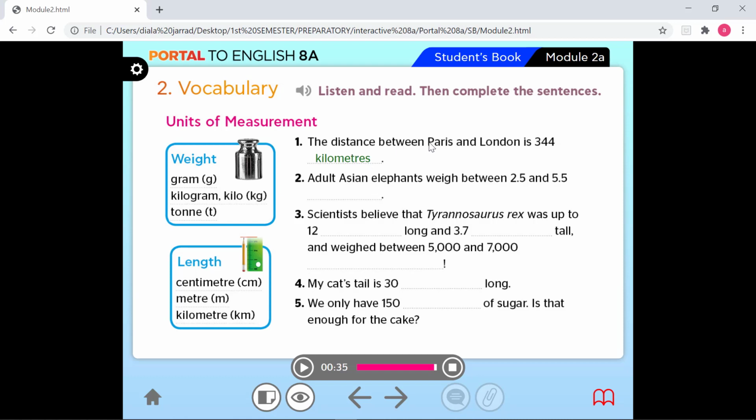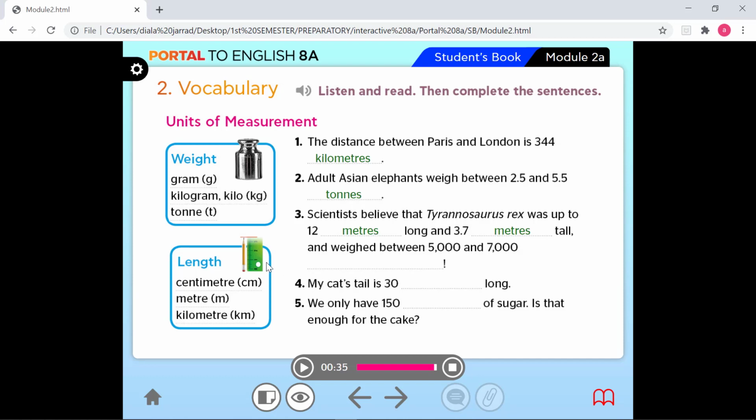وبنلاحظ الإجابة الأولى the distance between Paris and London is 344 kilometers. Adult Asian elephants weigh between 2.5 and 5.5 gram, kilogram, kilo, and ton. The answer is tons. Scientists believe that Tyrannosaurus rex was up to 12 meters long and 3.7 meters tall.